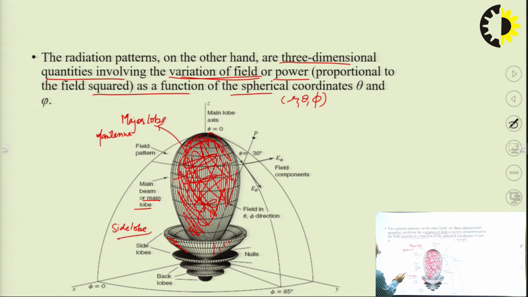These side lobes can be of two types, that is minor lobes or back lobes, or you can say other lobes. Clear?